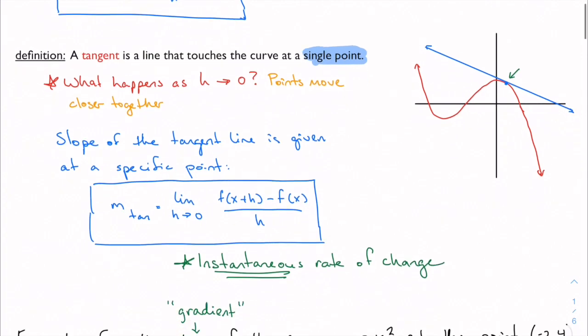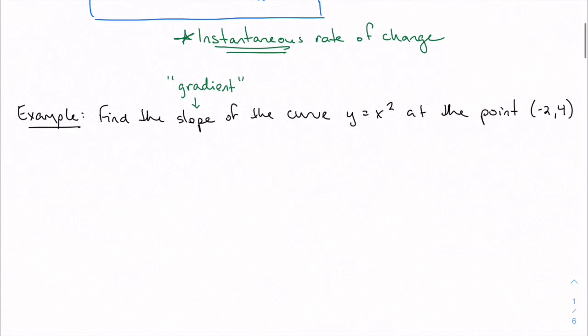So for example, I can use this and I want to find the slope, or again, IB calls it the gradient, of the curve y equals x squared at the point negative 2, 4. So I have to give you a point to use here because it's an instantaneous rate of change. I give you 1 point, right?